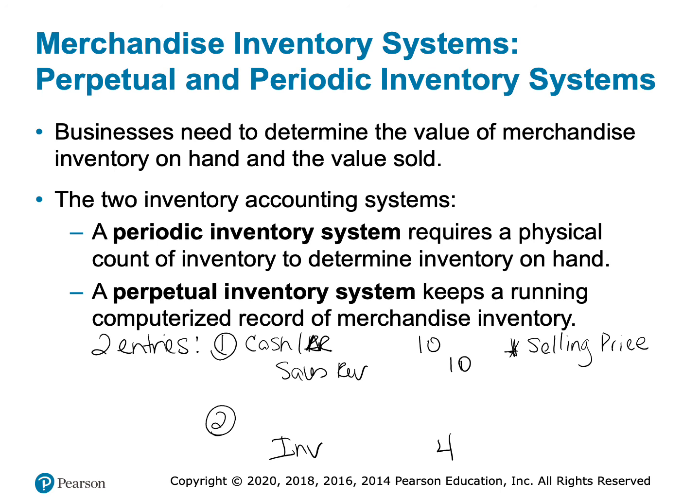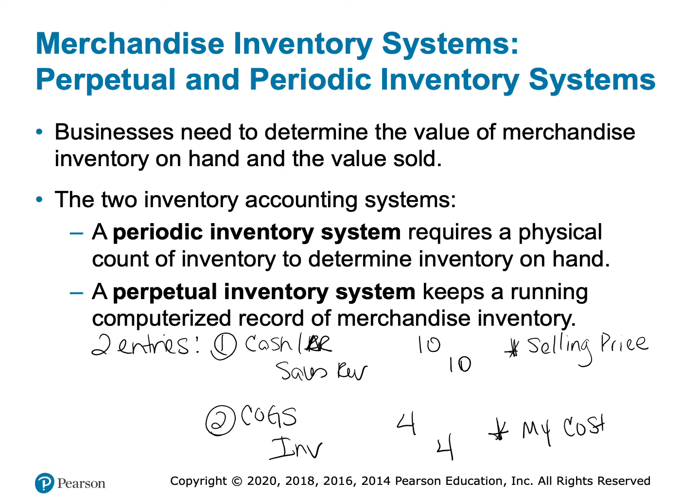Now, because I credited inventory, I used up this asset in order to generate revenue, I have to debit an expense. And that expense account is that cost of goods sold. Remember, expenses are always debited. So I'm going to debit cost of goods sold at the cost of the good that I sold, which was $4. So this entry is always for what it cost me, so my cost.